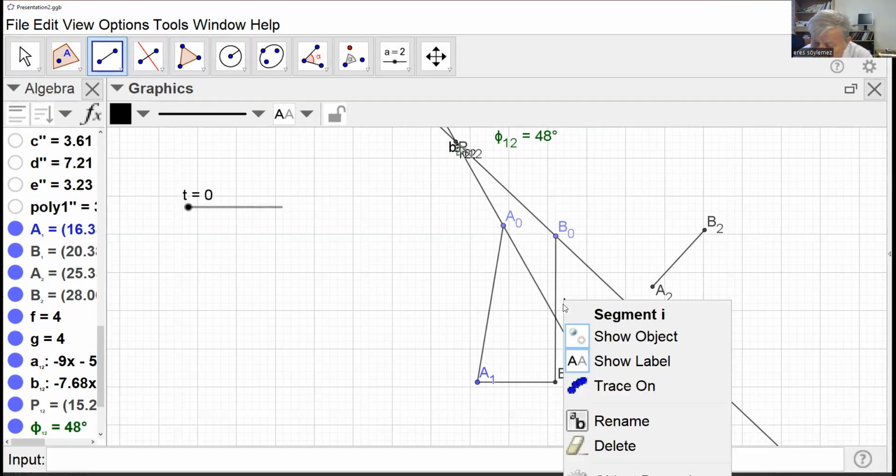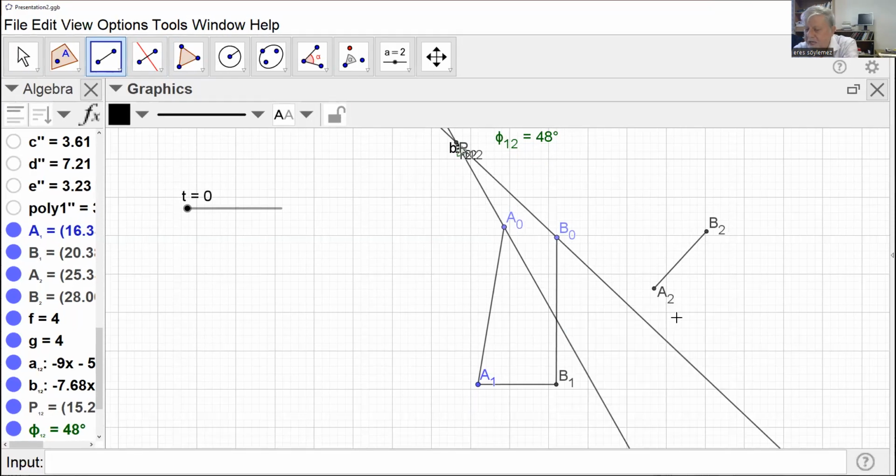Now I have a 4-bar mechanism. Now my claim, which I have to prove, is that this 4-bar mechanism, A0, A, B, B0, will exist in the second position as well.